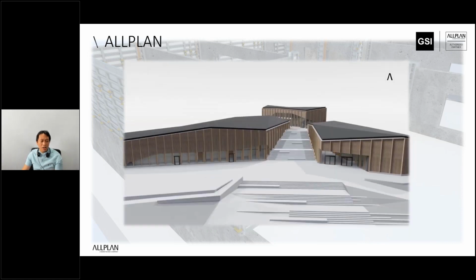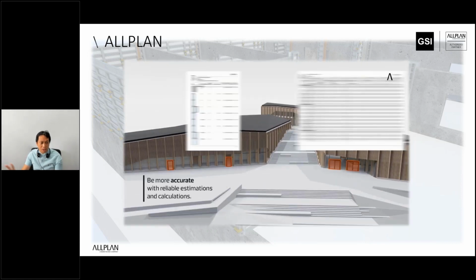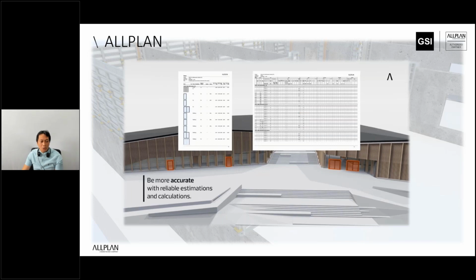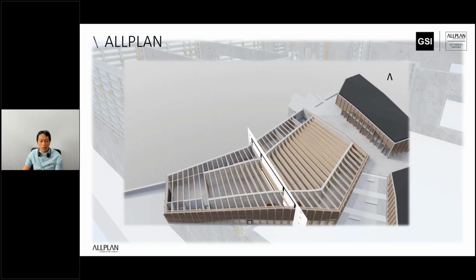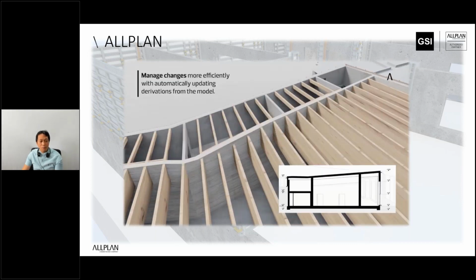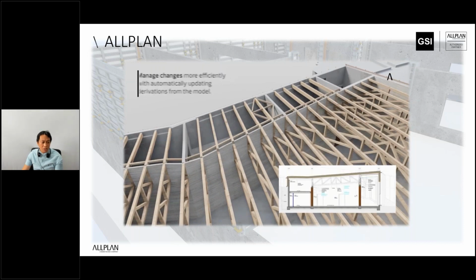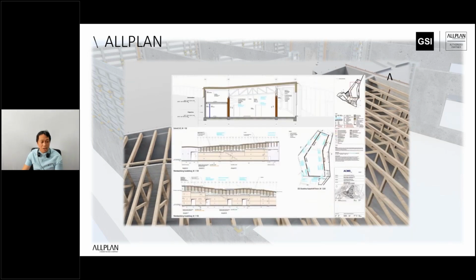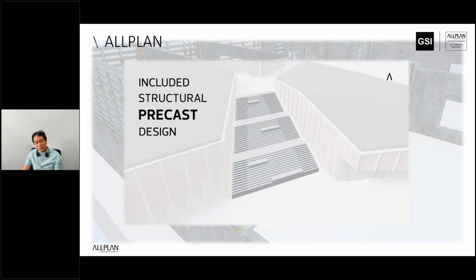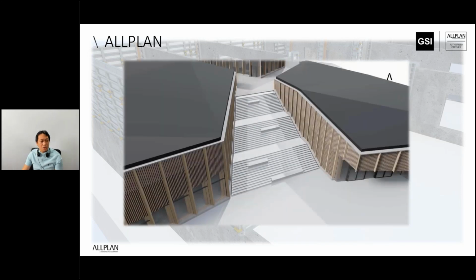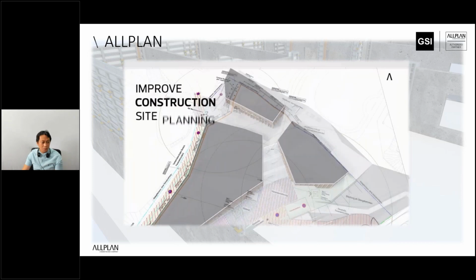As you can see from this short video, Allplan supports different disciplines from design to build concept, and from free-form modeling to parametric modeling of architectural features, creating reports, and also automatic synchronization of the shop drawing. Precast design also is included for different elements. Construction site planning is also part of it.